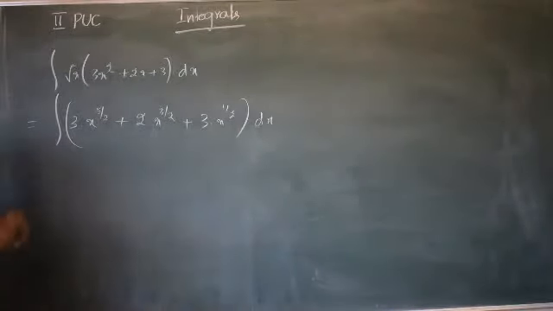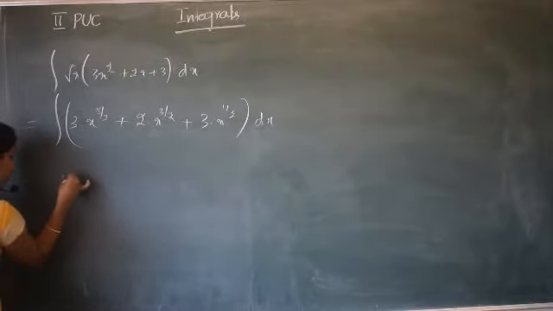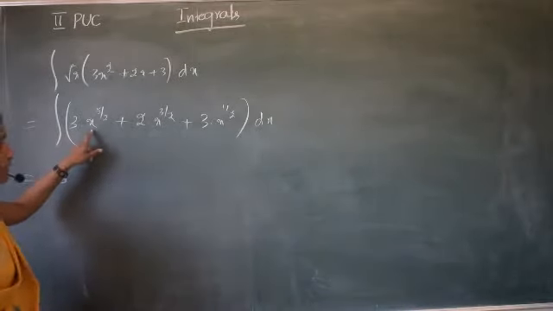So this will be equal to, 3 is a constant, x to the power 5 by 2.